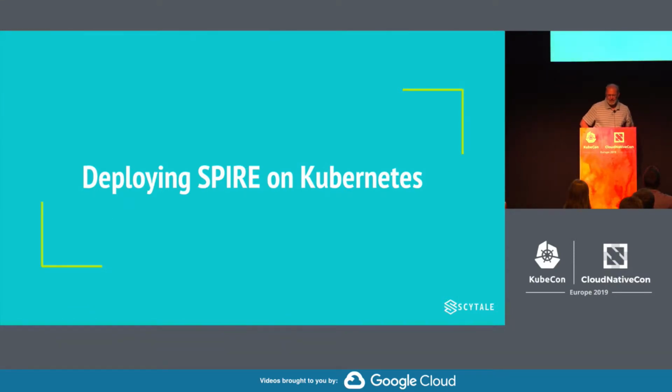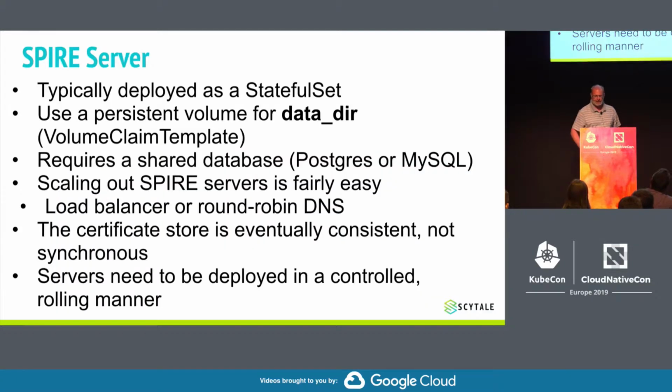All right, so there are a lot of considerations about deploying Spire on Kubernetes, a lot of decisions to make. So I'm just going to outline some of the things to think about and some suggestions. You'll find that most of the time Spire server is going to be deployed as a stateful set.